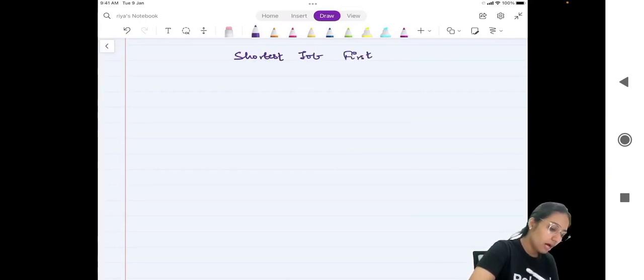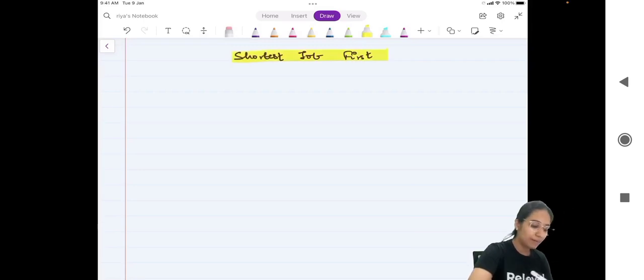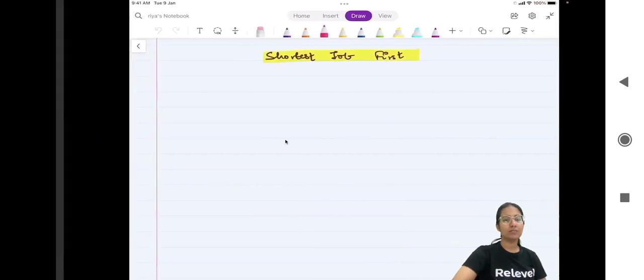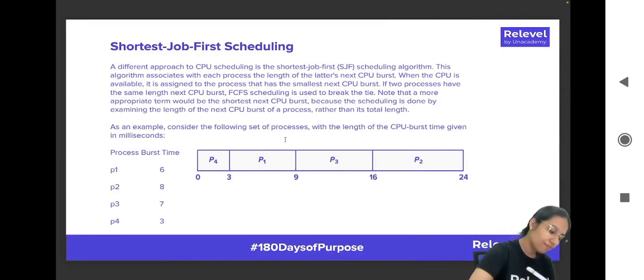Out of all the processes which are available, we always pick the one which has the lowest burst time. Here we have been given processes and their burst times.